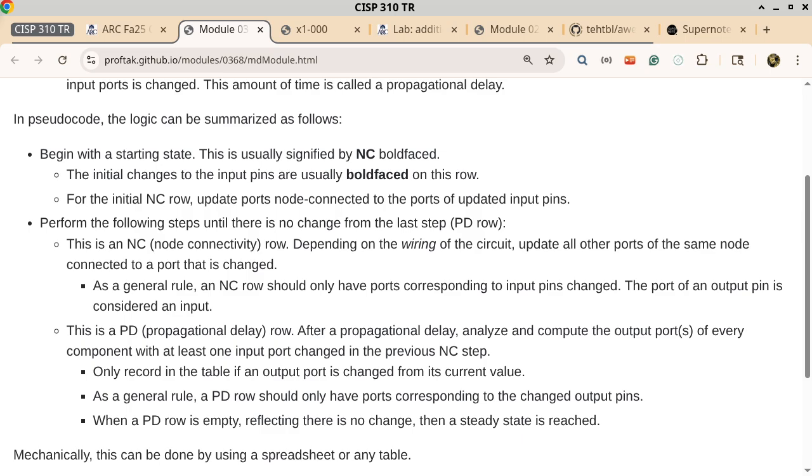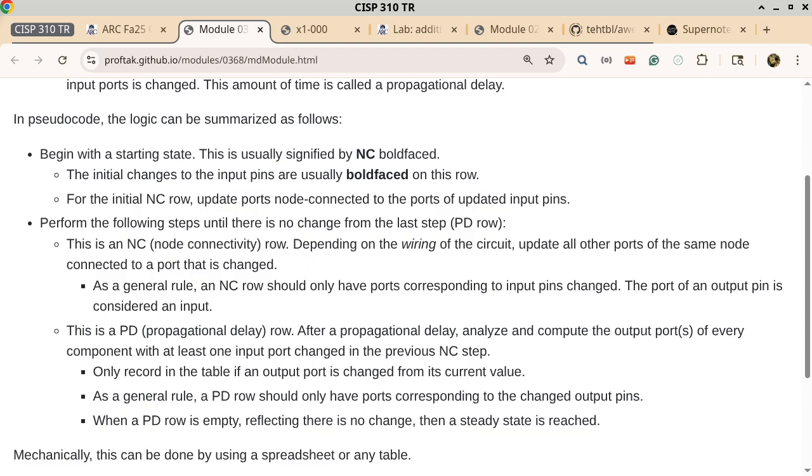Does that make sense? Because you cannot get to the PD row until you're done with the first two steps at least once. So we start with the NC row, or node connectivity, which can be the initial one. Depending on the wiring of the circuit, update all other ports of the same node connected to a port that just changed. In other words, the node connectivity is basically saying, the output port of this component just updated, or it got updated for whatever reason.